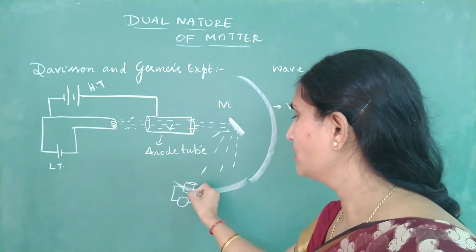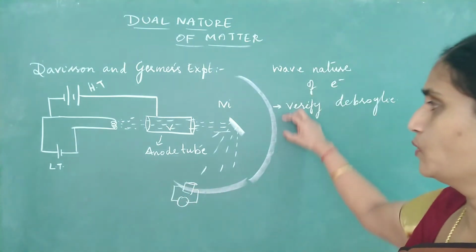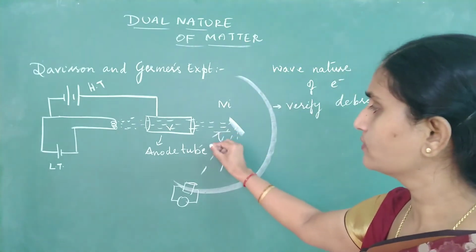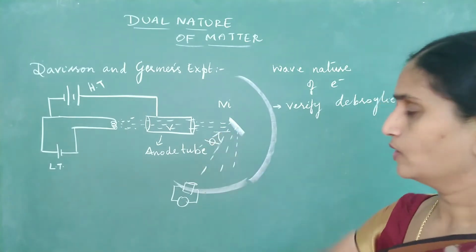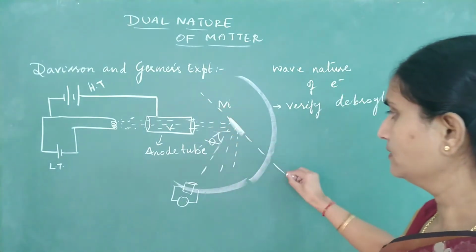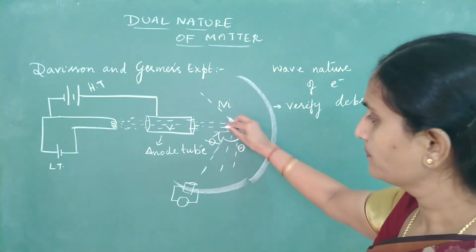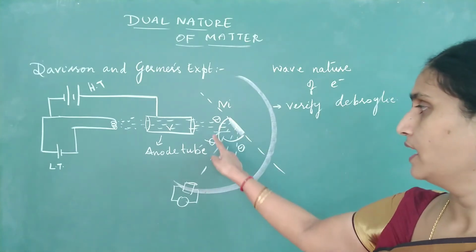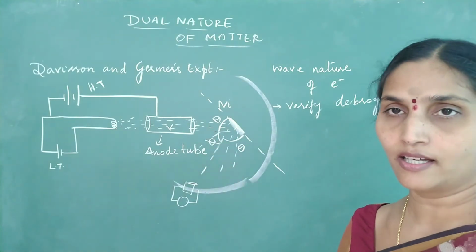This is an electron detector. You can move it along this circle. At the same time, you can even measure the angle of deflection. I'll call this angle of deflection phi. This is the line. This angle is theta. This angle also will be theta. Theta is the glancing angle and phi is the deflecting angle.